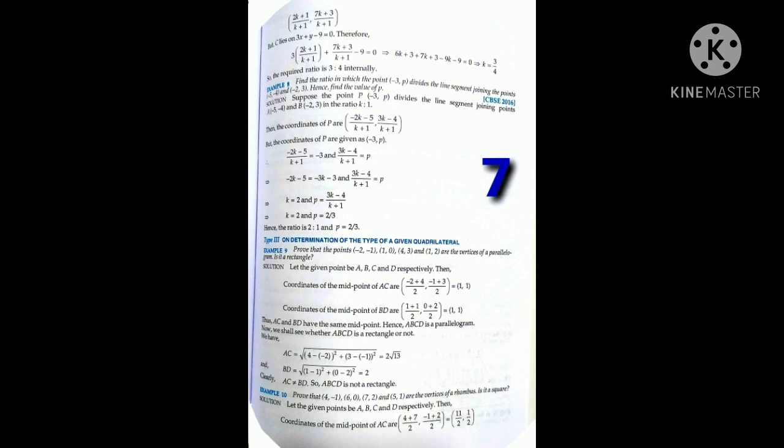And finally, we will get the value of k by solving it. K is equal to 3 by 4. So we get the ratio as 3 by 4 is to 1, which is 3 is to 4 internally. So we say that the line 3x plus y minus 9 is equal to 0 divides the given segment in the ratio of 3 is to 4. Very clear?